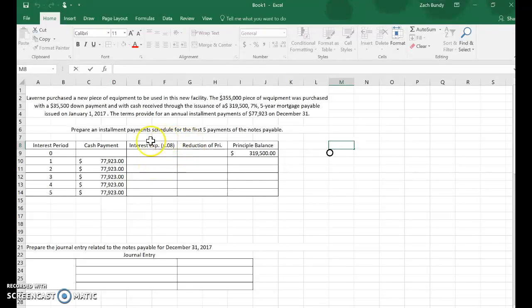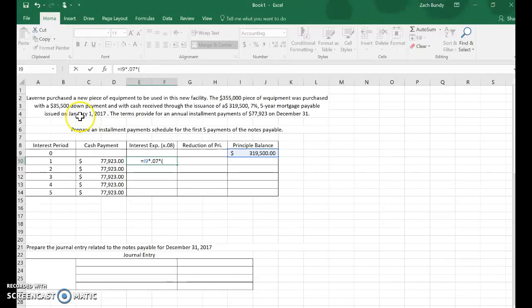Next we need to calculate the interest, the reduction of the principal, and then the balance of the principal. None of this is too complicated. We're kind of familiar with some of these equations already. To find out the interest that we're paying, we're going to take the principal and multiply it by the interest rate, which is 0.07, so 7%, and then multiply that again by the time, the year.